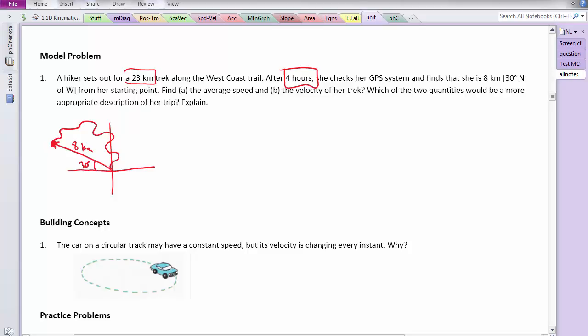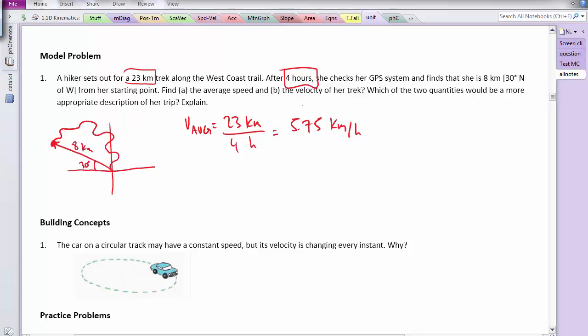So what's the average speed? V average is the total distance over total time. The total distance is 23 kilometers over a total time of 4 hours. In your calculator you can just go 23 divided by 4 and you get 5.75 kilometers per hour.